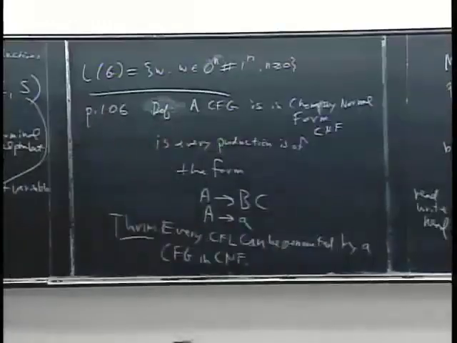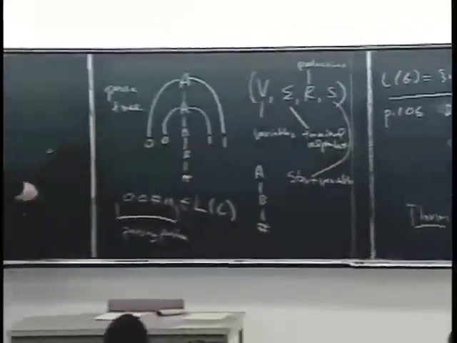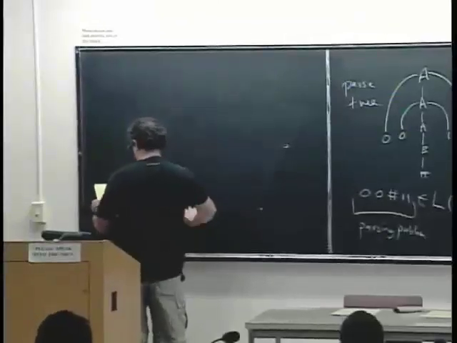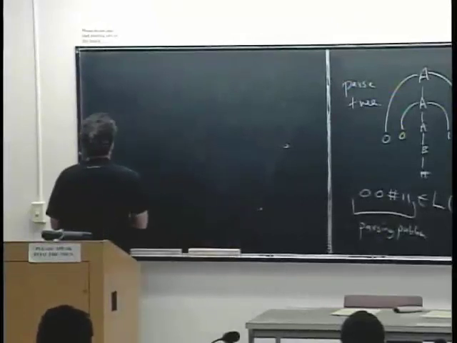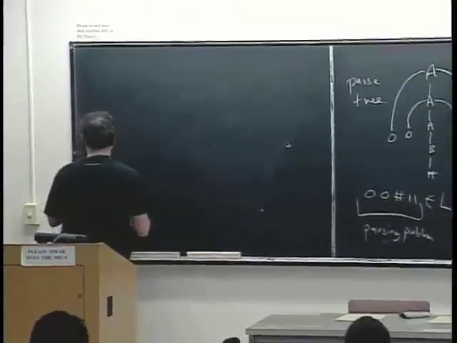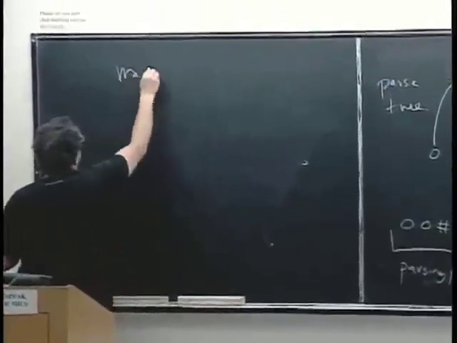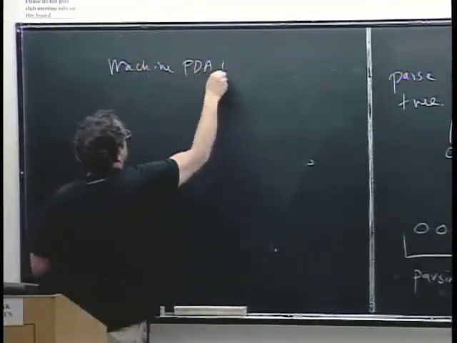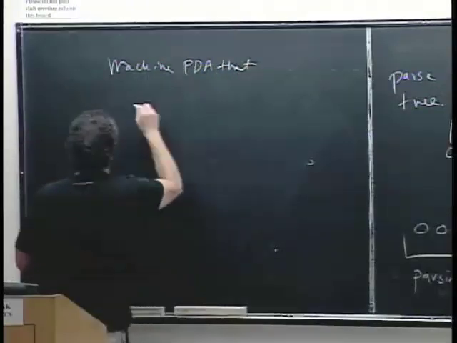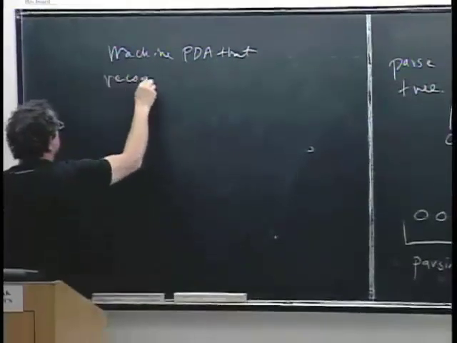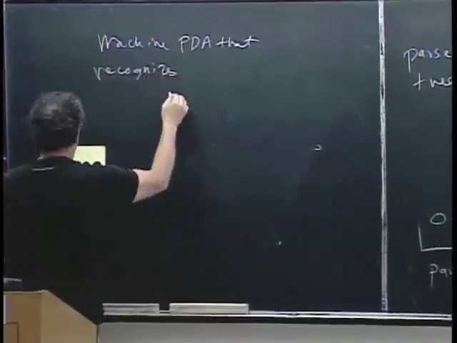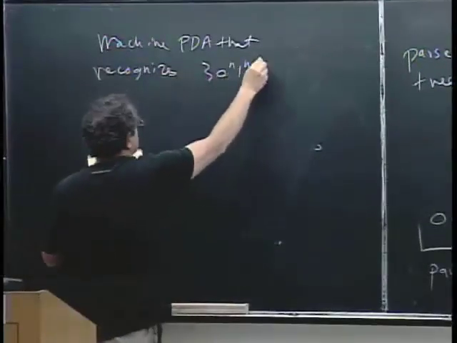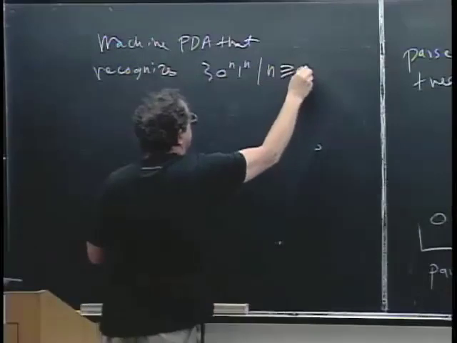Go back over here. I want a machine, or PDA, that recognizes 0^n 1^n, n greater than or equal to 0.